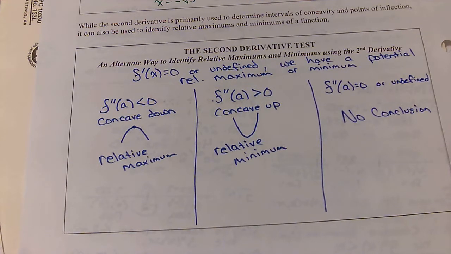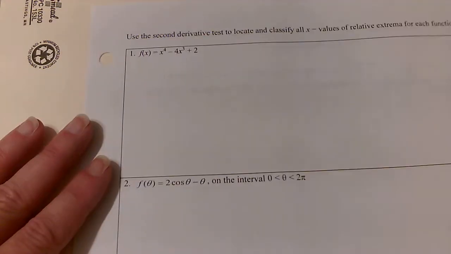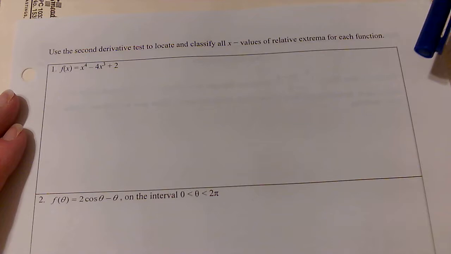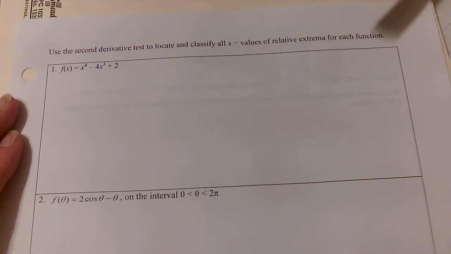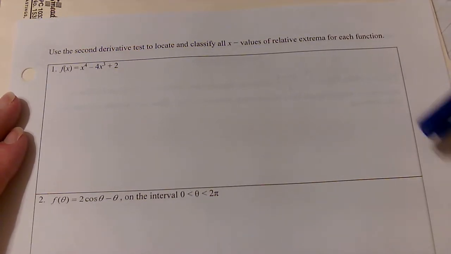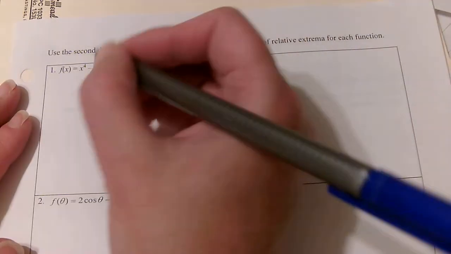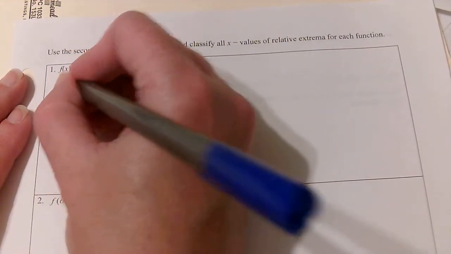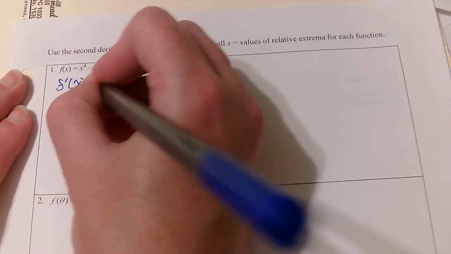So I want to at least do one example of that. So using the second derivative to test a point to see if it's possibly a max or min. So first we need to take the first derivative.